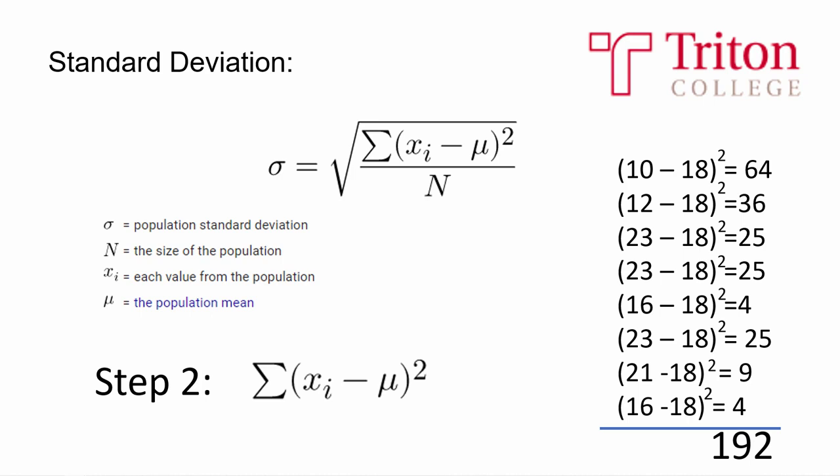I'm going quickly through this because you've already done the standard deviation, so this is kind of a review. On the right, I subtract the mean from each sample, I square it, and then I sum my results, sigma.